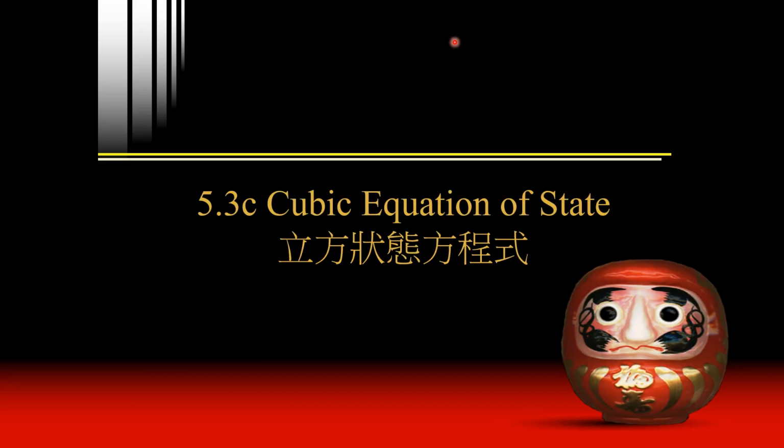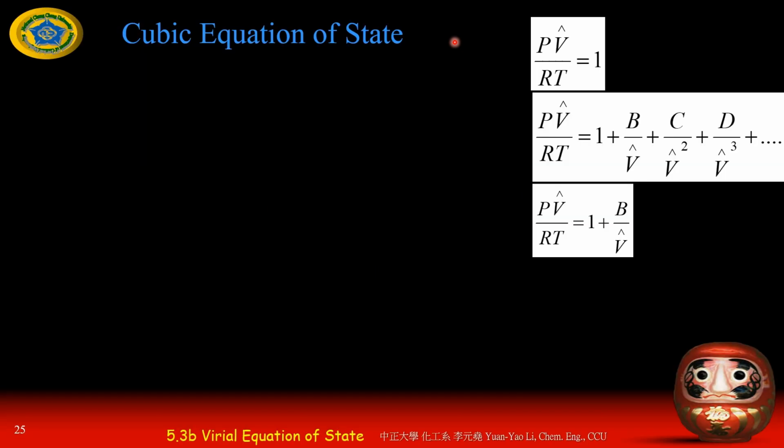The second equation I want to introduce is called the cubic equation of state. What is the cubic equation of state? This is the ideal equation of state, this is the virial equation of state, and this is the truncated virial equation of state.